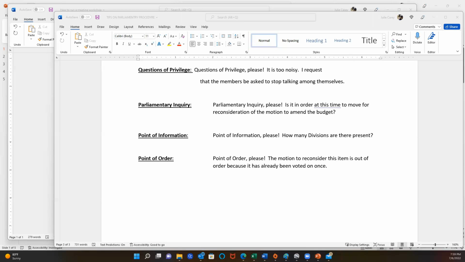And refer name suggestions to a committee. That could be in order. Again, is there a second? Is there discussion? And then all in favor of referring it to a committee, or just trying to get it out of the way tonight? And then postpone definitely. We don't want to vote on it right now.